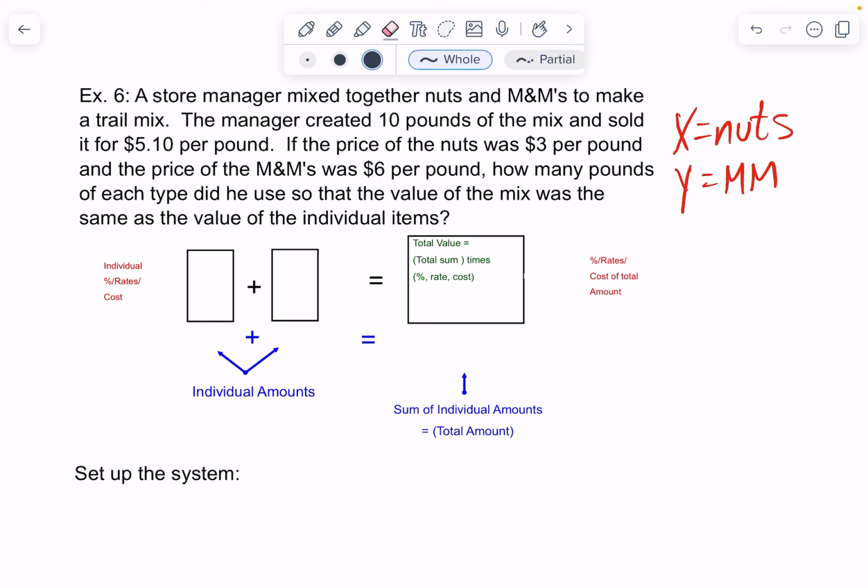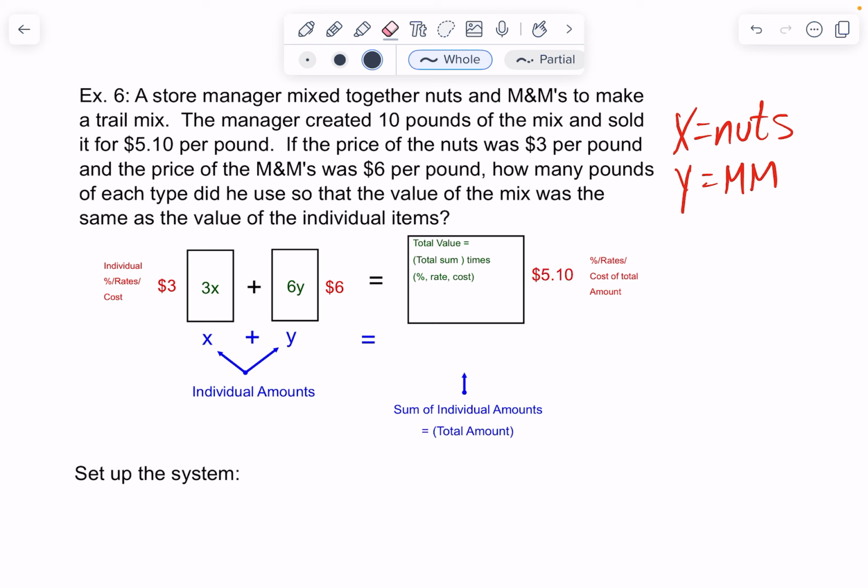Well, we know that we have an X amount of nuts at $3 per pound, giving me the value of 3X. And I have Y amount of M&Ms at $6 per pound, giving me 6Y value for that individual amount. In total, I know that I'm going to charge $5.10 per pound.